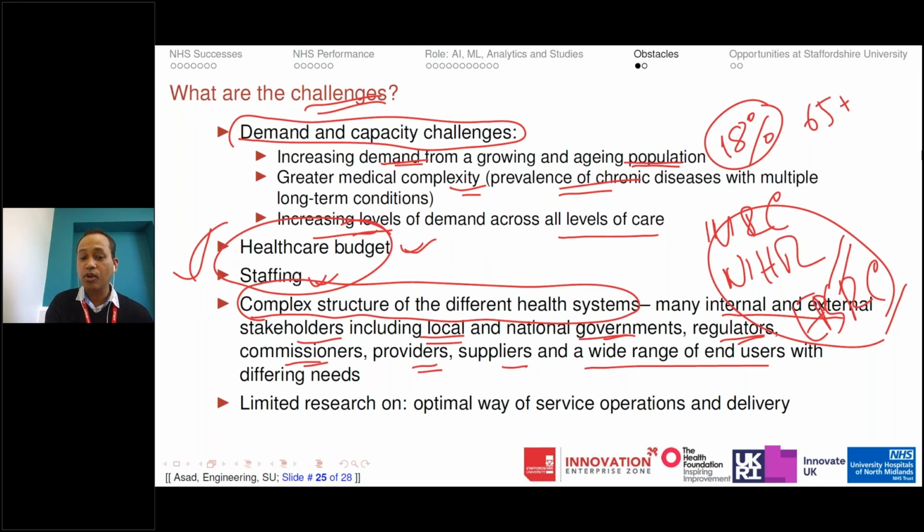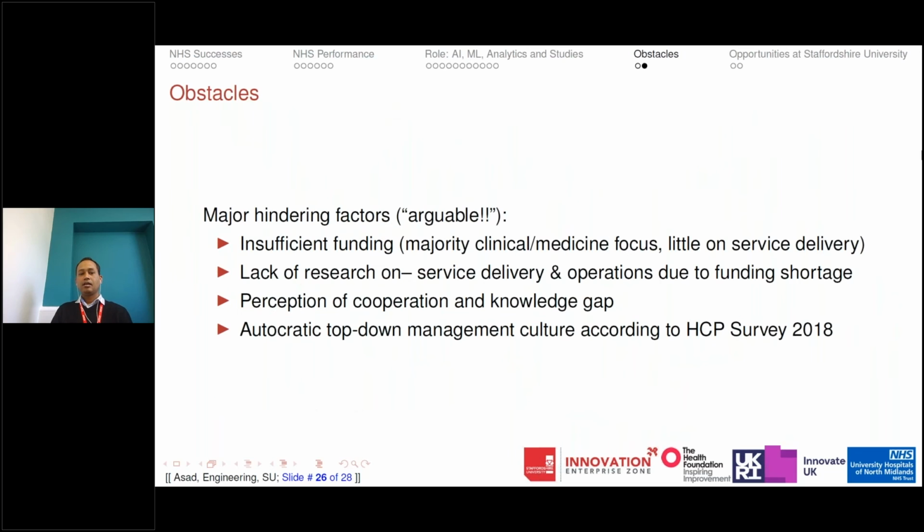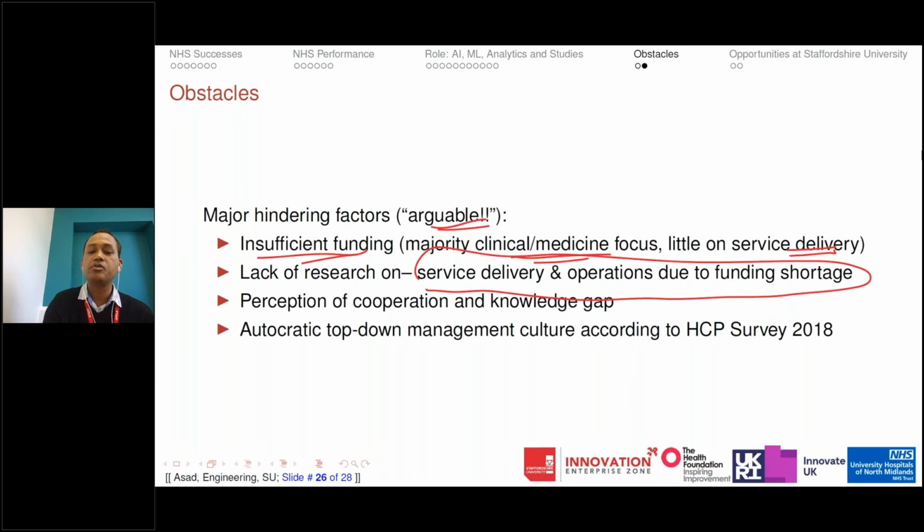A very small amount is going for service delivery and operations for the NHS. So what are the hindering factors? Well, some of them are arguable. We know that there is insufficient funding, the majority of it is clinical or medicine focused, with little on service delivery. Since we don't have much funding, we cannot perform huge research on that side.